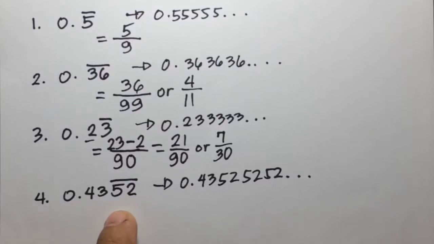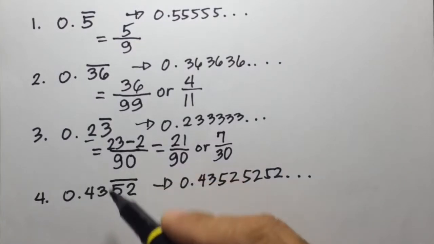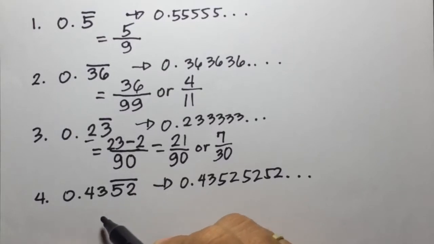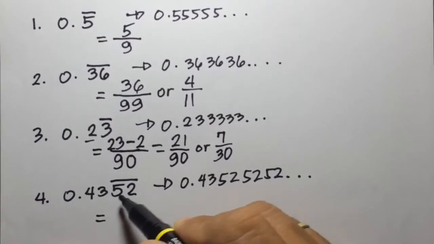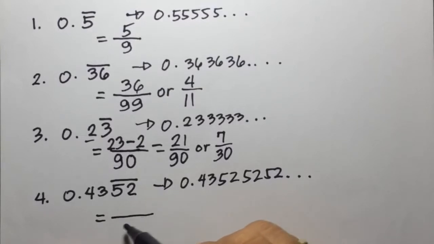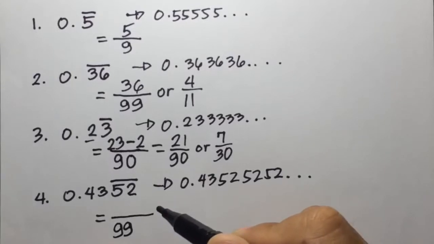And number 4, the last number, 0.4352 with a bar on 52. Same with number 3, we're going to count the number of digits being repeated. The numbers being repeated are 52, so there are two numbers. We're going to write 99.